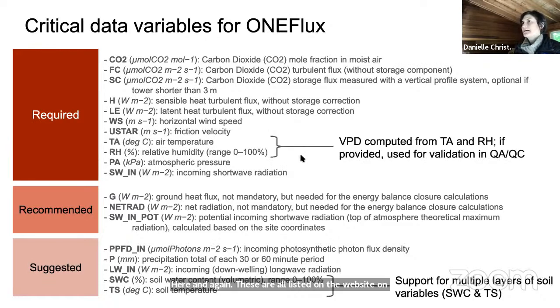Just to note that VPD is computed from TA, air temperature, and relative humidity, and this is different from the FLUXNET 2015 in that we support however many depths of below ground soil moisture and soil temperature that you have now. So you can have all those data included in the FLUXNET product.